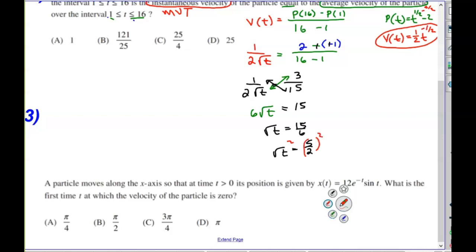And then we're just going to square both sides. So the missing value, or the spot at which the slope of the tangent line is equal to the slope of the secant line, is 25 for us. Guarantee you, you're going to see a mean value theorem like that come up.